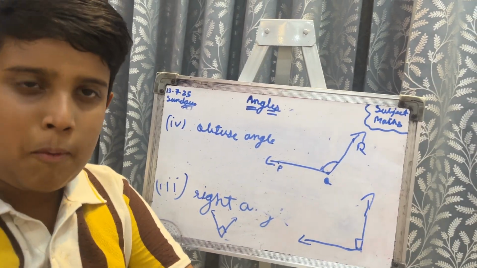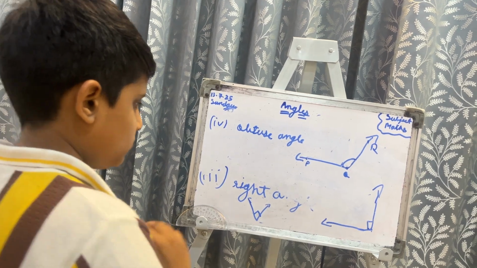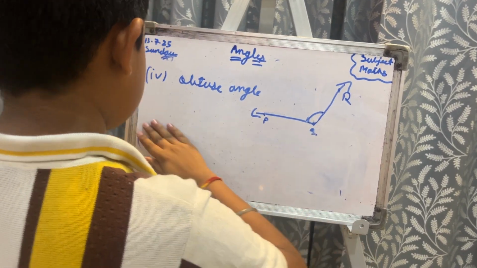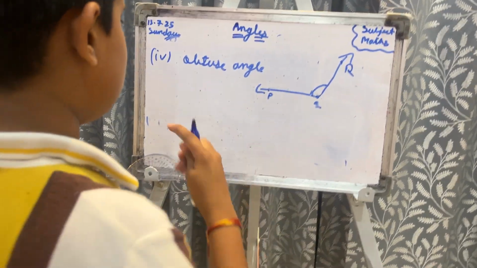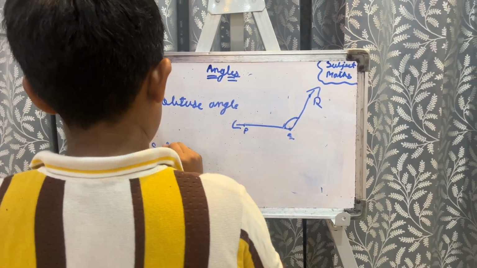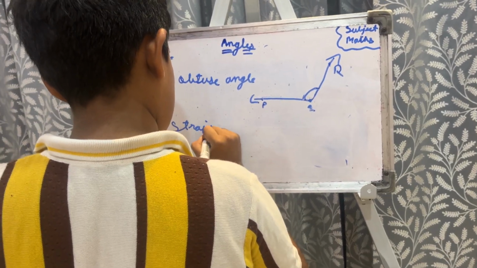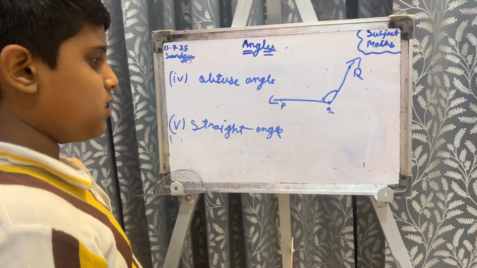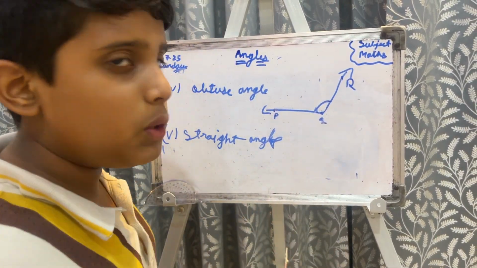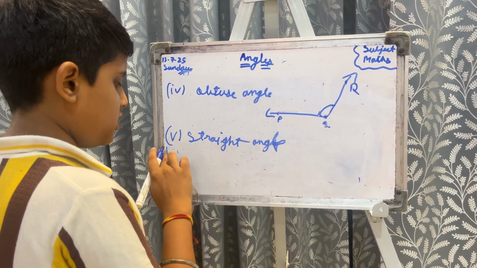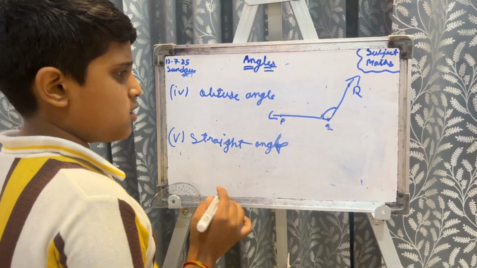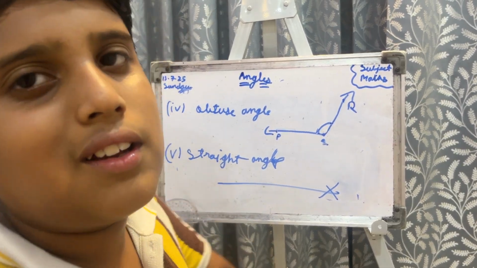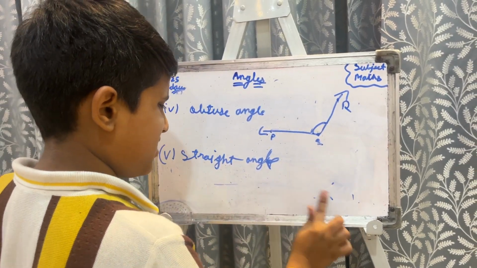Now we will talk about the fifth one, the straight angle. In a straight angle, we just thought it's a simple line, but it's wrong. A straight angle also has an angle. You were thinking it's just a straight line.